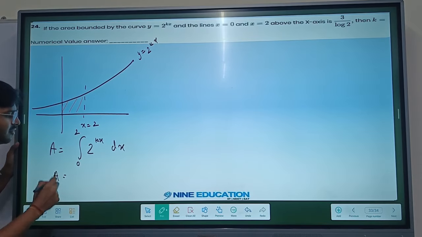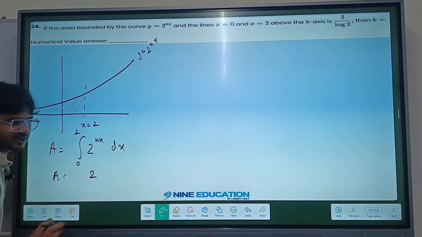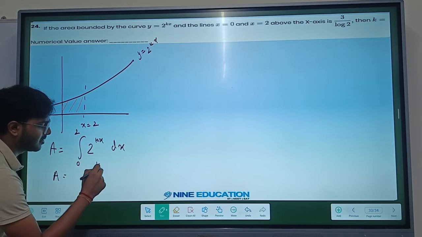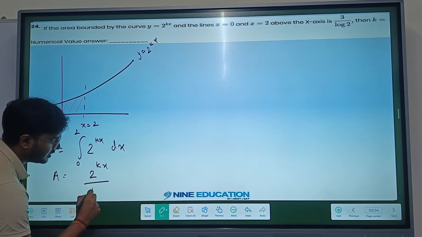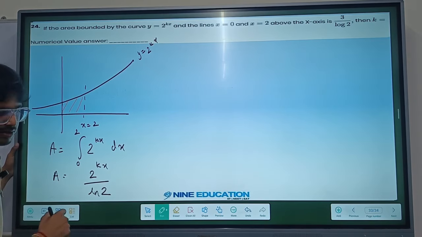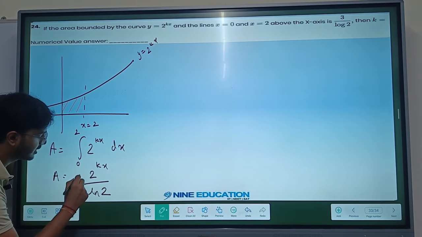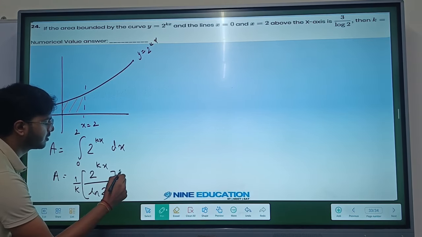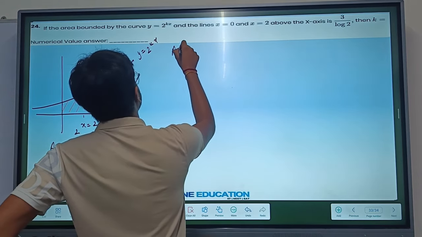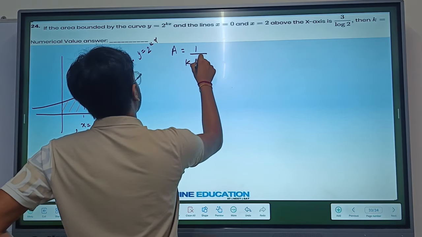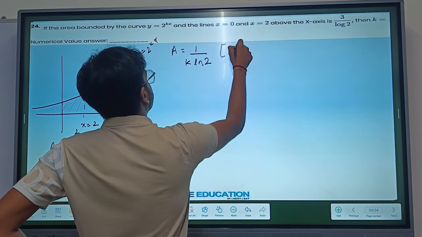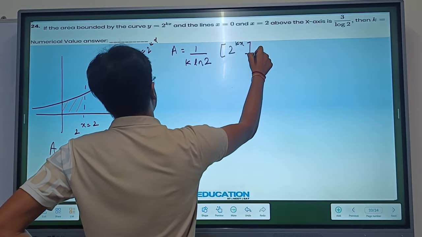So area, what is integration of 2 power kx? Integration of a power x is a power x by ln a. So 2 power kx by ln 2, but coefficient of x is k, so it will be 1 by k. Limits from 0 to 2. So ln 2 is also constant, comes outside, 1 by k ln 2, 2 power kx from 0 to 2.